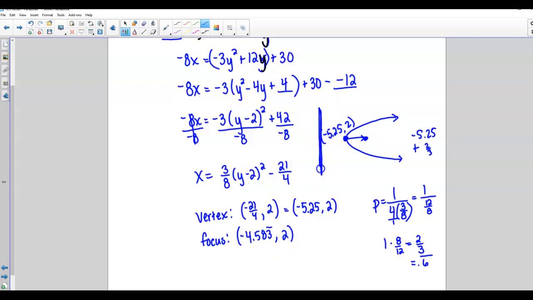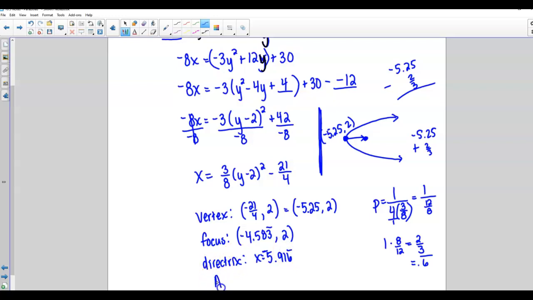The directrix over here for it, I'm going to have to do the negative 5.25 minus the 2/3. And so whenever I do that, I'm just going to use the calculator because I've made a problem that has kind of ugly answers here. I get negative 5.91667, so my directrix is going to be at x equals negative 5.916 repeating there.